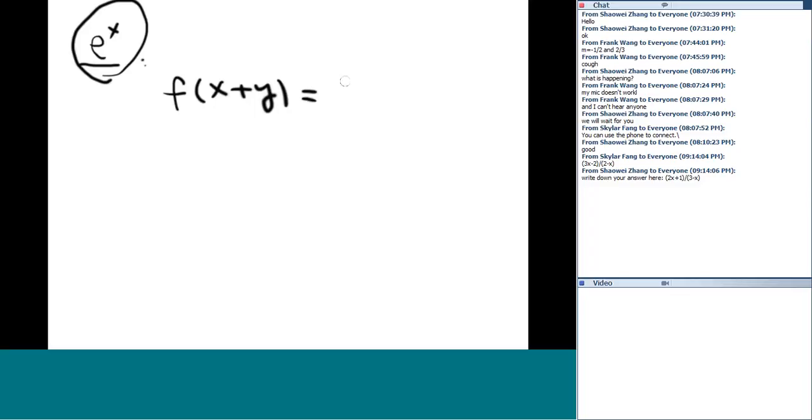Also, we have e^x satisfying a functional equation. Who knows what it is? You have f, whatever. What is that one? Satisfying... equals to, okay?